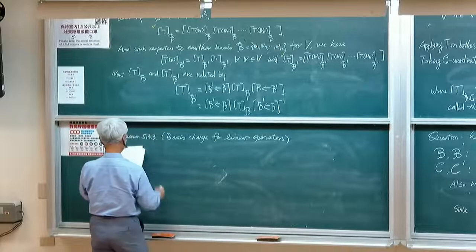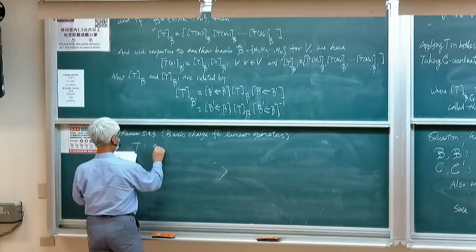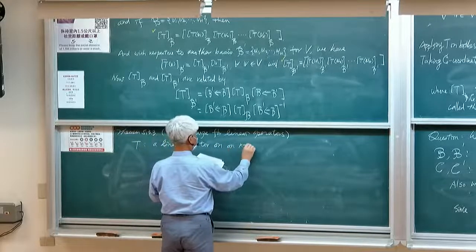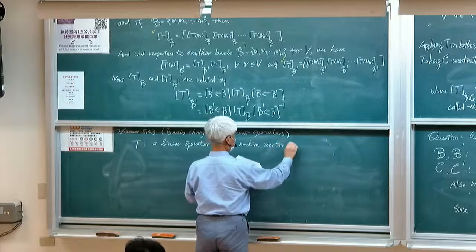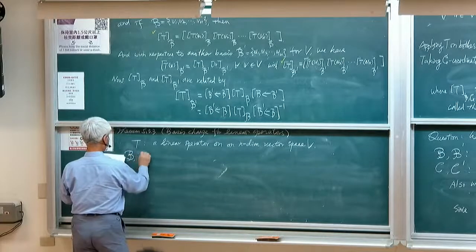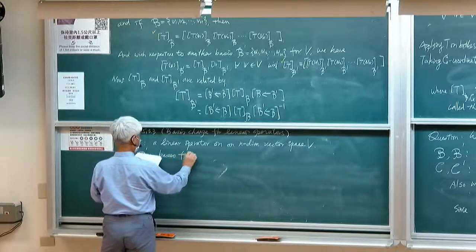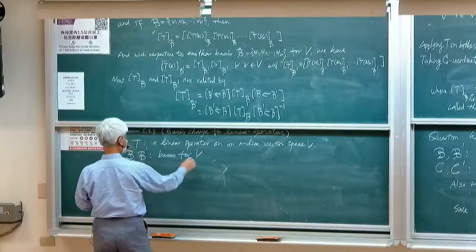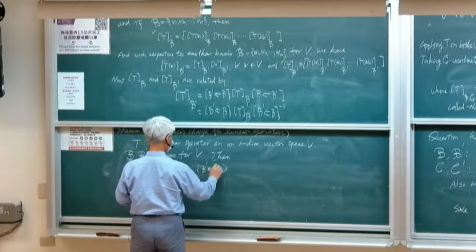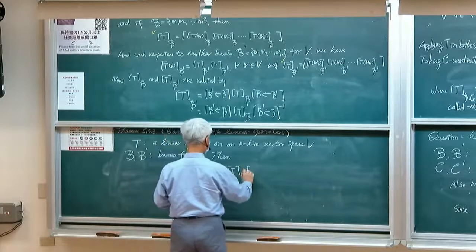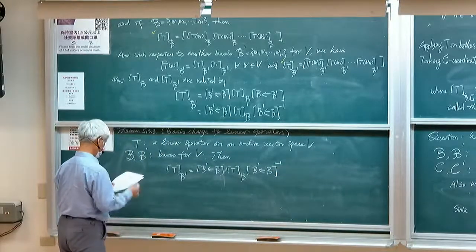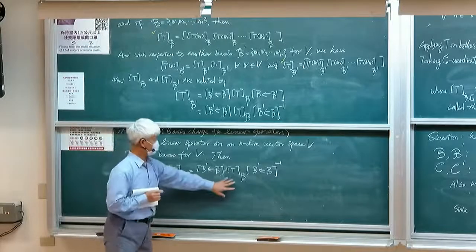So T is a linear operator on an n-dimensional vector space V, and B prime is a basis for V. Then we have B prime is equal to P inverse times B times P. Right? So we have that.